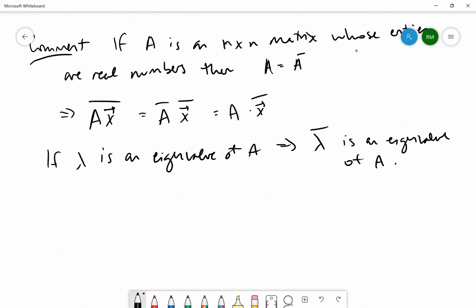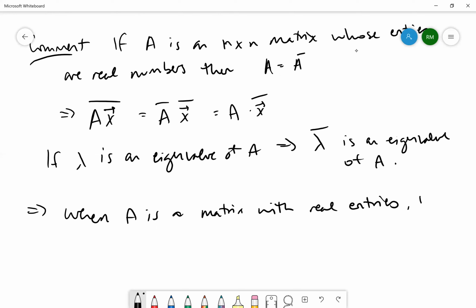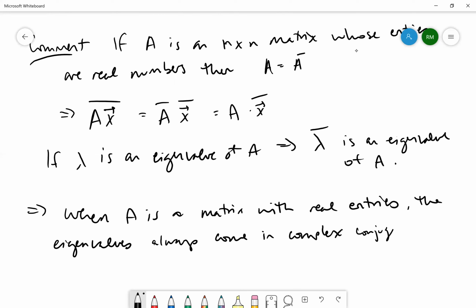So what this tells us is that when A is a matrix with real entries, the eigenvalues always come in complex conjugate pairs.